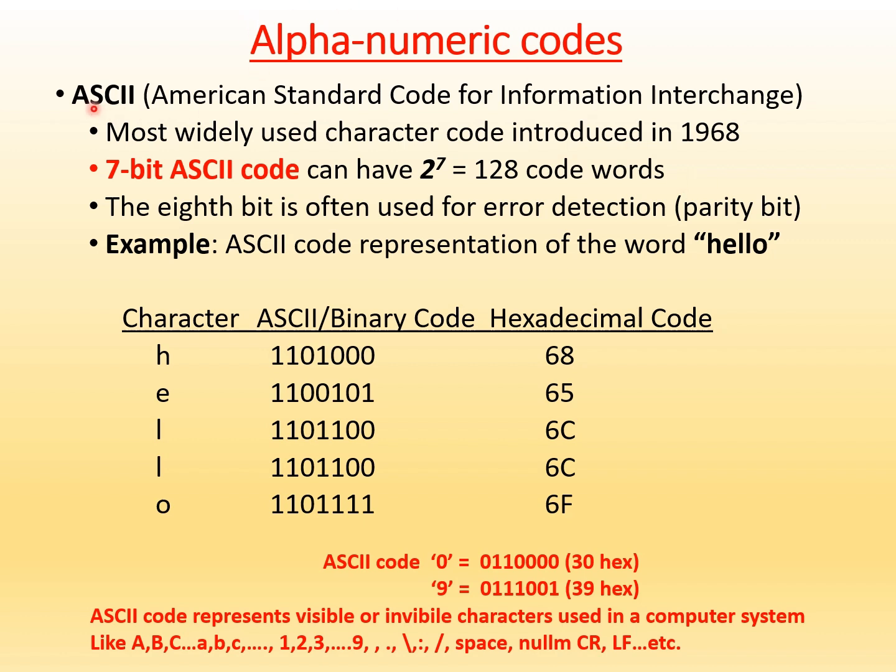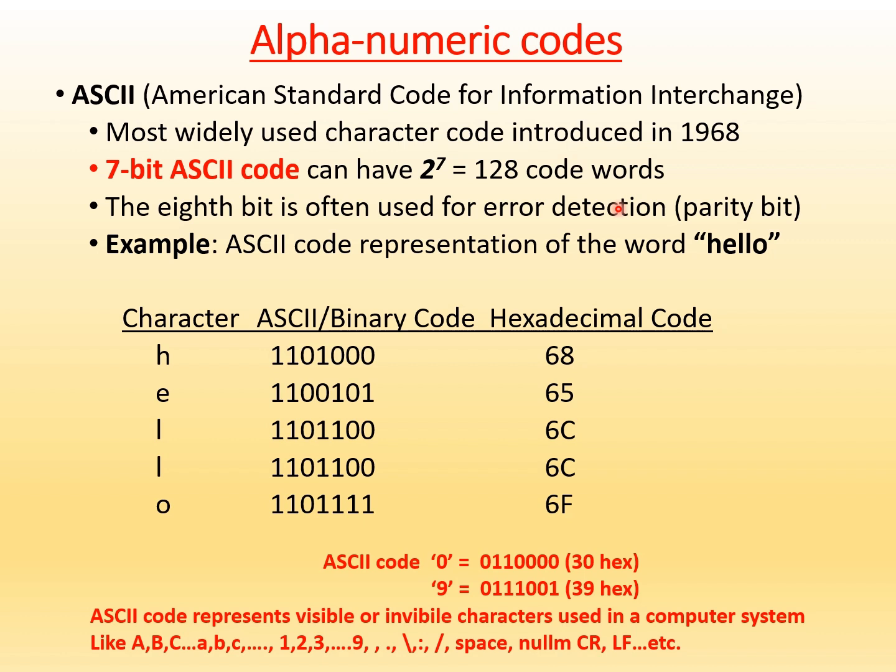And this first code is called ASCII code, and they used 7-bit ASCII code. And with 7-bit, 2 to the power 7, 128 code words could be generated, and that was enough for transforming all the alphabets: A, B, C, D, uppercase, lowercase, and the digits 0 to 9, then all the punctuation marks, and all the other things like the bell or the carriage return or the line feed.